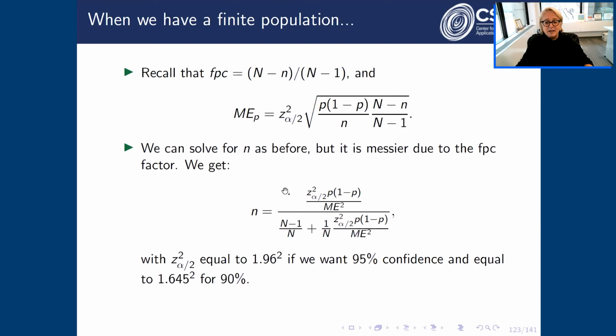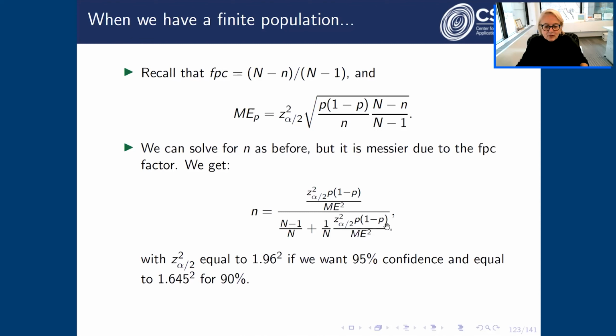And so the z here is just 1.96 for a 95% confidence level. I still have the p, 1 minus p. So this piece here looks like the expression for n I had when I had an infinite population, the one that we just saw before. This is exactly that, and that expression appears down here.